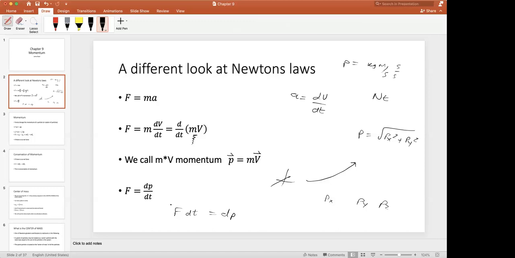And so if you think about this, realize how simple and elegant this really is. Because we don't have to take a time derivative. We don't have to take a derivative. We're not worried about the acceleration. All we care about is the velocity and the mass of the particle or system. And velocity is something that we as humans can measure really accurately without even graphs or anything else.